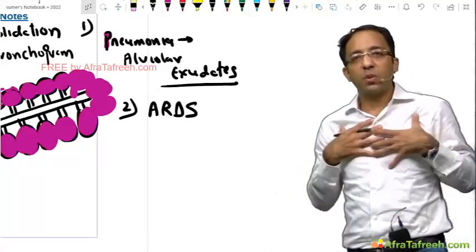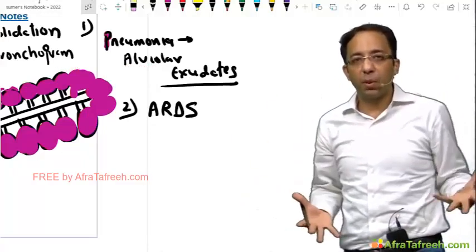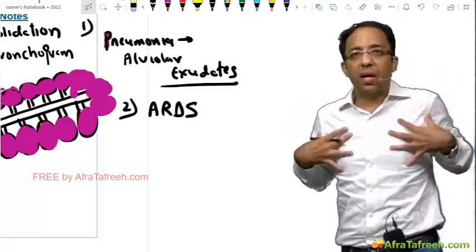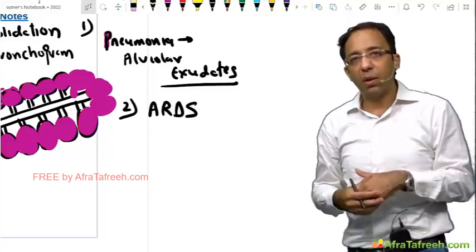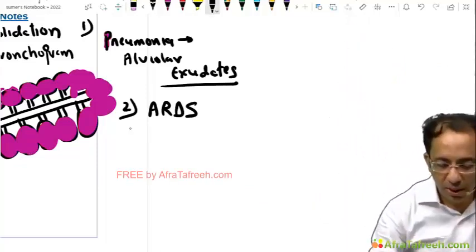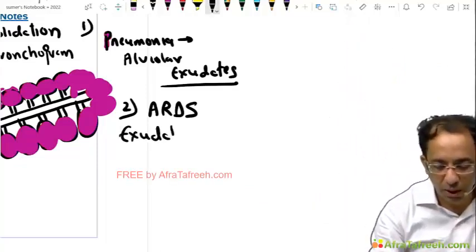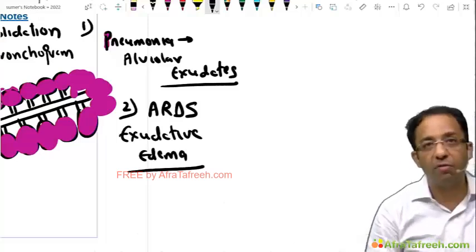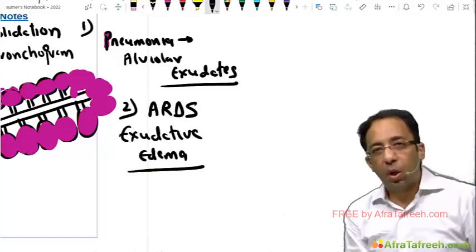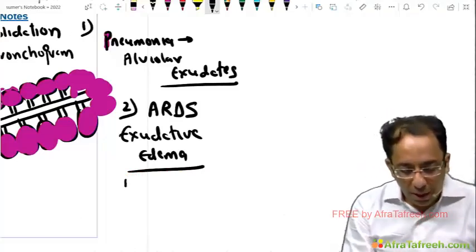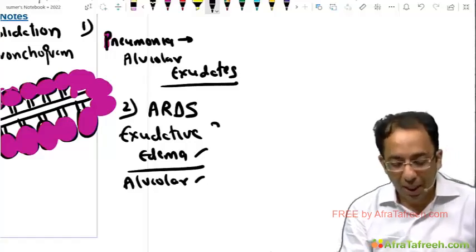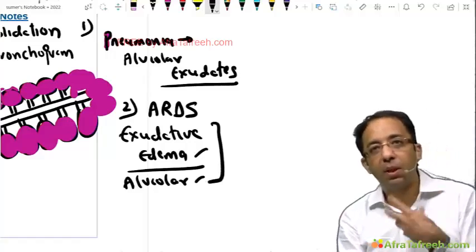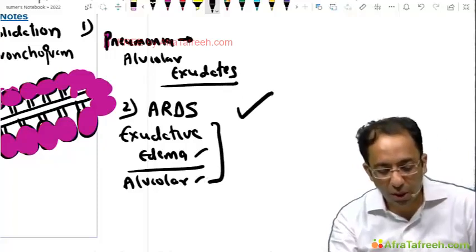You have a disease which is triggering an inflammatory response in the lungs, and the entire lungs have inflammation and the capillaries are leaking fluid into the alveoli. So ARDS is causing an exudative edema in the lungs. The alveoli are getting filled up. Because it is causing edema in the alveoli because of systemic inflammation, again the alveoli will be opaque, but the bronchus is patent. You will see air bronchogram.